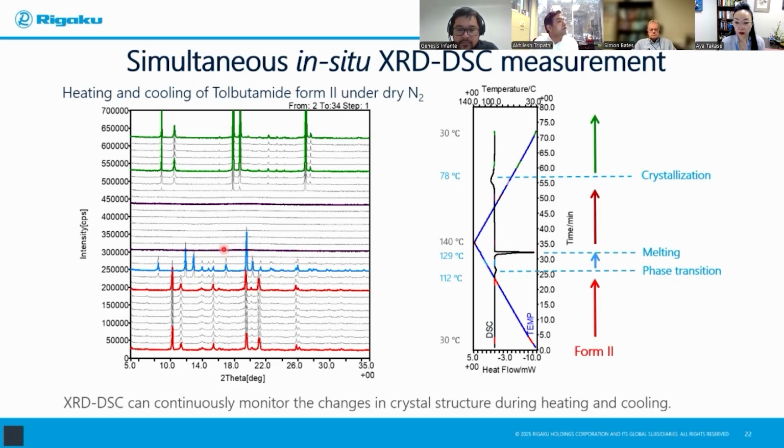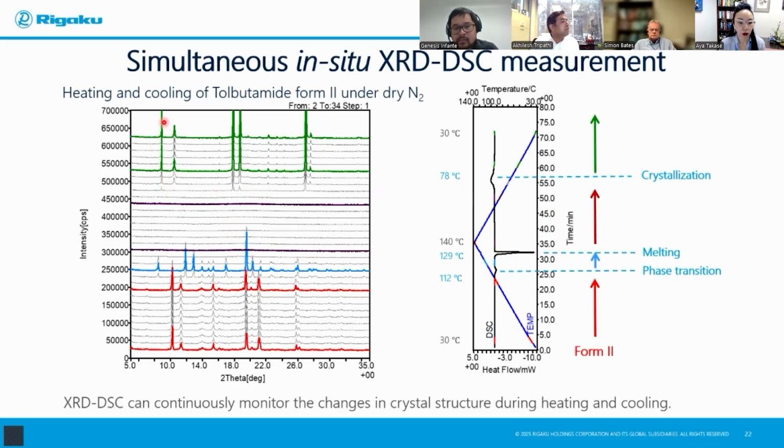We have an amorphous form going on until the temperature of 78 degrees centigrade, where you have recrystallization or crystallization phenomena to a different phase. And there you go. The green pattern shows a new phase being formed, and then you can identify it.